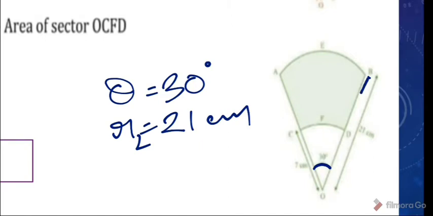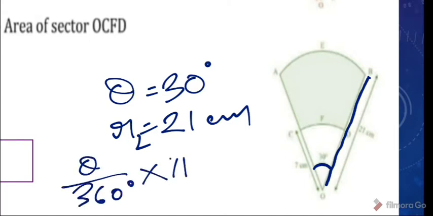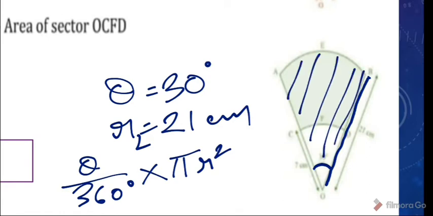By using the area of a minor sector, that is theta by 360 degrees into pi r square, you can find the area of this one. Now the angle of the sector will remain the same, 30 degrees, and R1 is equal to 7.